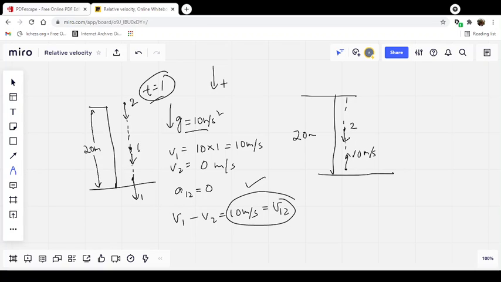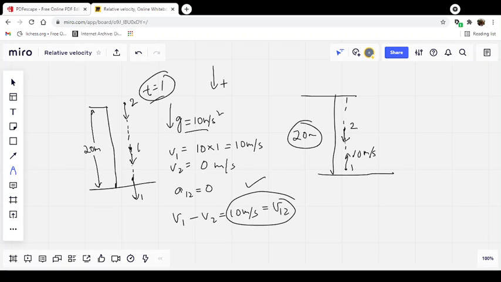The second ball would be somewhere above it and the first ball would be somewhere here. So to do this, we need to know how much time has passed in bringing the first ball from the topmost point to the point where it has collided with the ground.